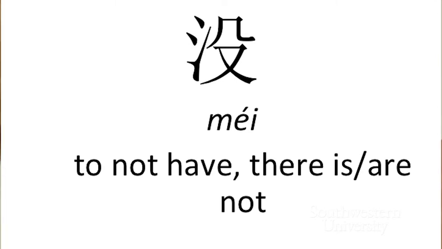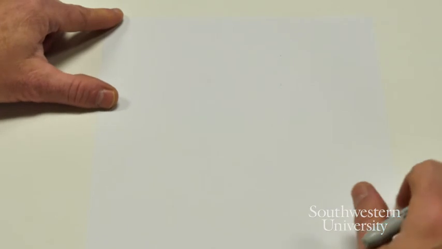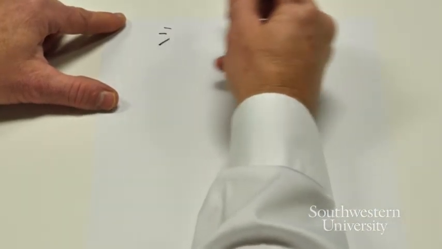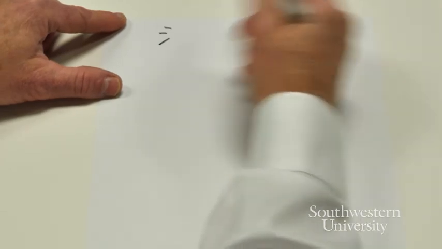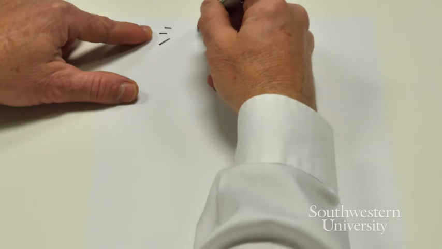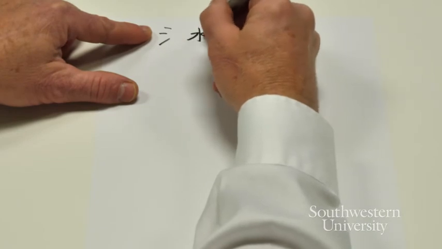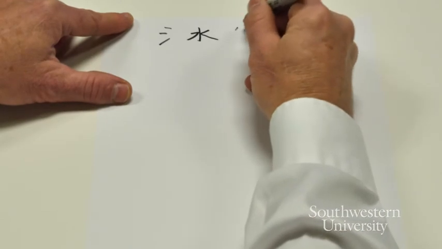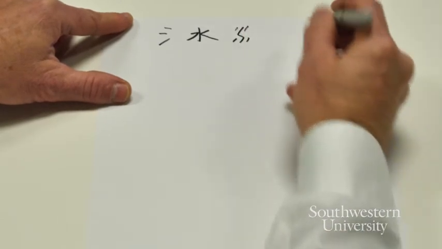The next character, mei, often used with yo, meiyo, but mei is a word in its own. It means to not have happened. There is not, there was not, there are not. We've got the water radical again, the splashy form of water, which anciently was like this.